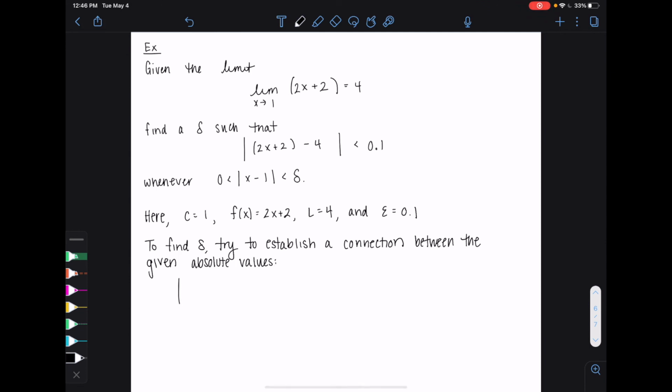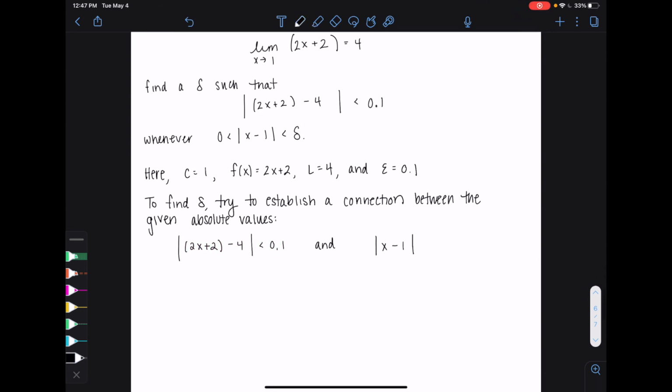So we are told the absolute value of 2x plus 2 minus 4 is less than 0.1. And we need to really manipulate it to be something like this. Okay? So hopefully this absolute value of x minus 1 will pop up somewhere from here. So I'm going to work with the one that's given to us.